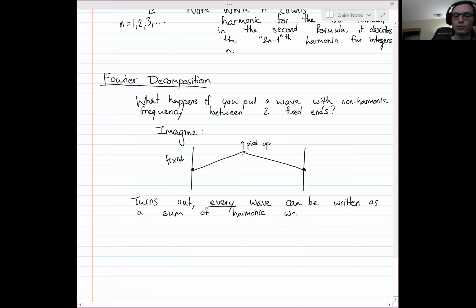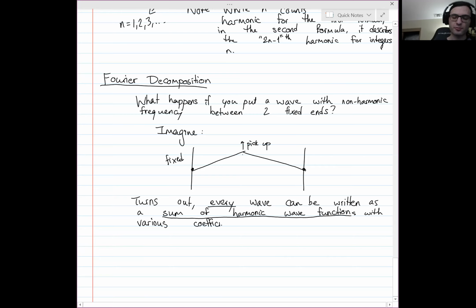And by the way, that's true regardless of whether or not the waves are standing or not. If you just have any old wave function, you can always write it as a sum of sines, or a sum of cosines. Sum of harmonic wave functions with various coefficients.